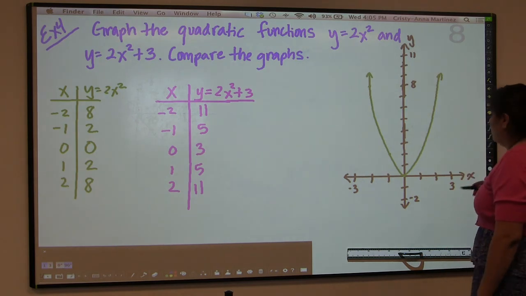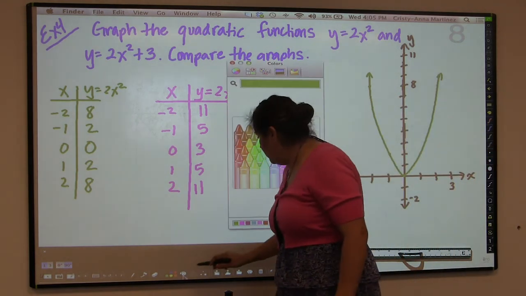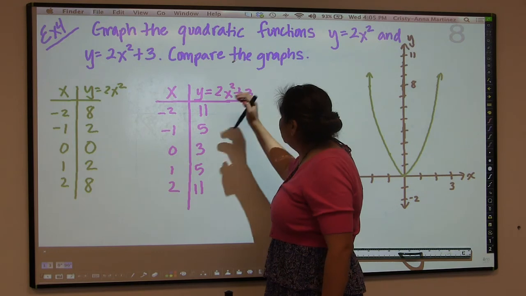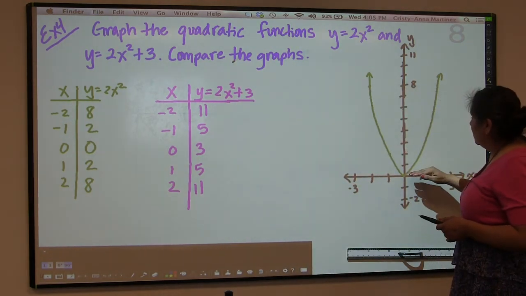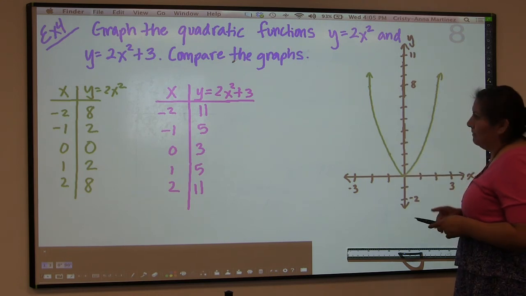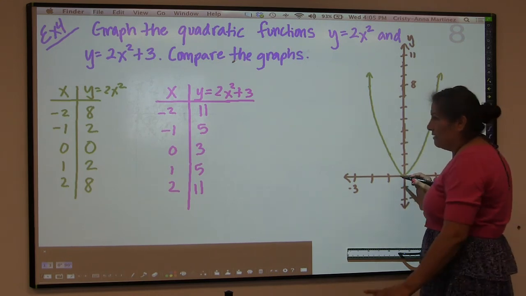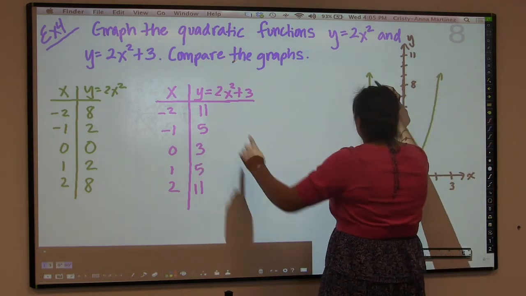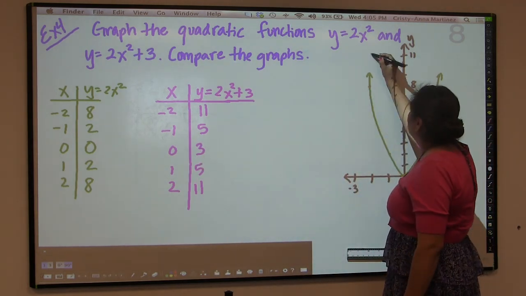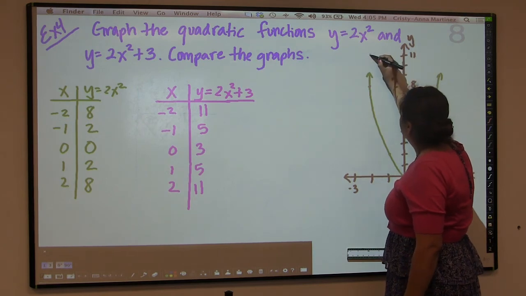Okay? So now we're going to graph the other one. And what you're going to see is that because we're adding 3 to all the y values, all that's really going to happen is this whole graph is going to move 3 units up. Okay? So negative 2, for example, negative 2, 8. But in this case, it's negative 2, 11. So this point is going to move 3 units up to the 11.